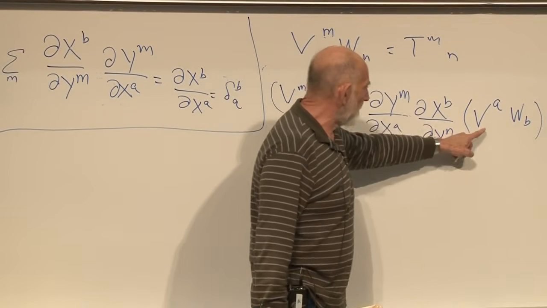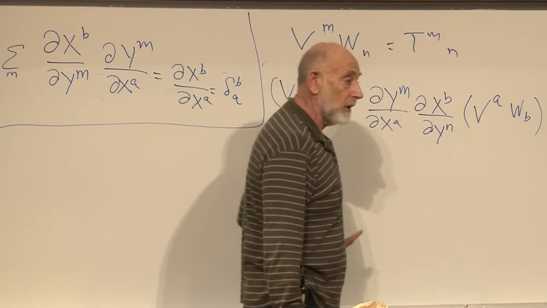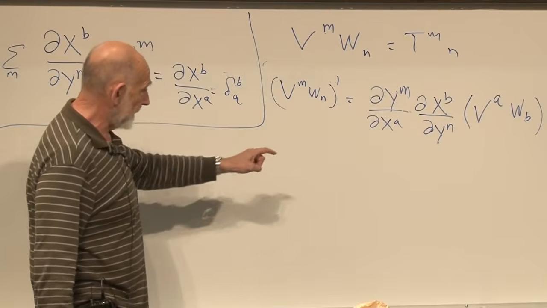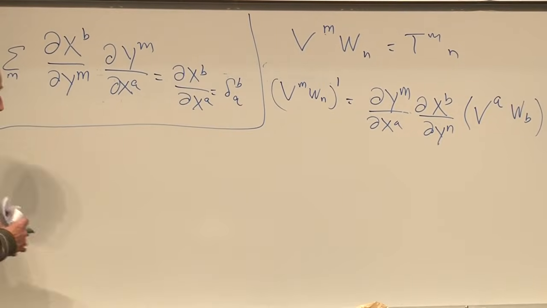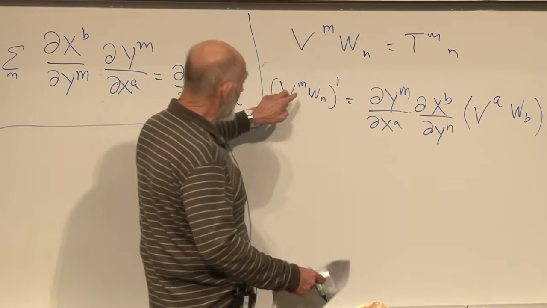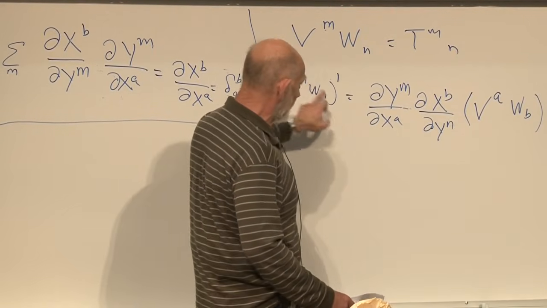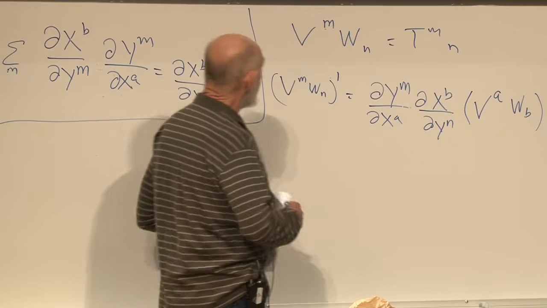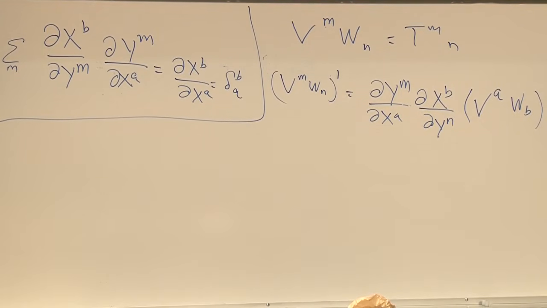And then we multiply by the same tensor, except in the unprimed components, the AB components. This is the transformation property of the rank 2 tensor with one index upstairs and one index downstairs, the primed version of it and the unprimed version of it. Now let's set M equal to N and contract the indices.